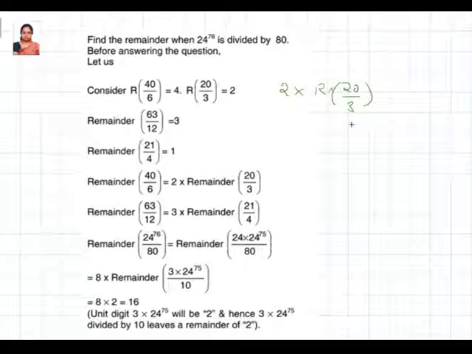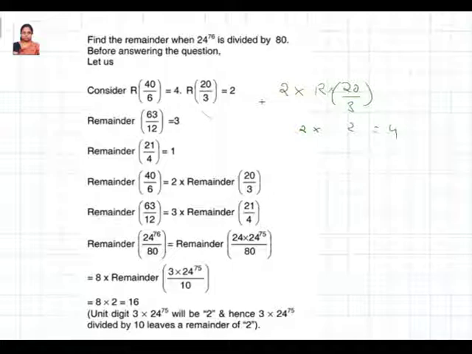You're going to have the remainder as 2, and this 2 is already here. So this will be multiplied and the answer is 4. So even if the number is too big, you can remove the common term from both and find the remainder, then multiply with that common term.